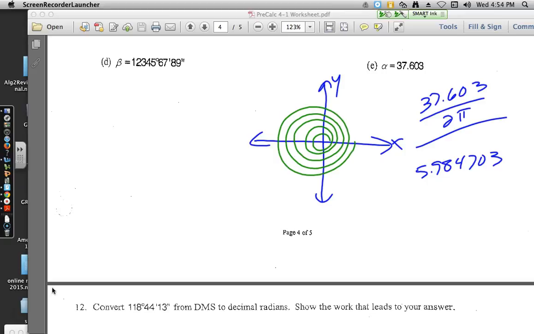But we also have this portion of a revolution right there, and each revolution is 2 pi. So if we take 0.984703 times 2 pi, we will get 6.187071422. That's a little hard to read there.